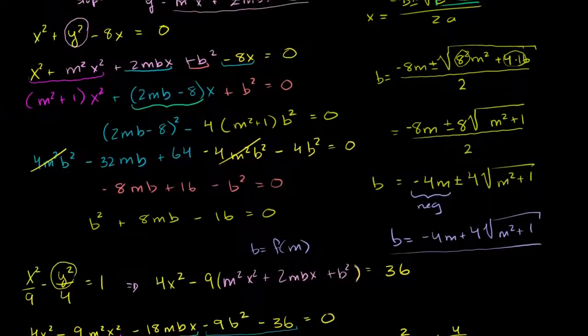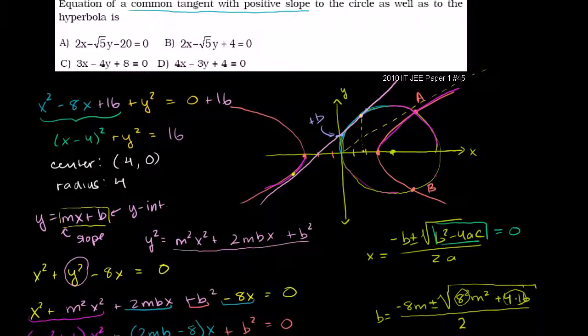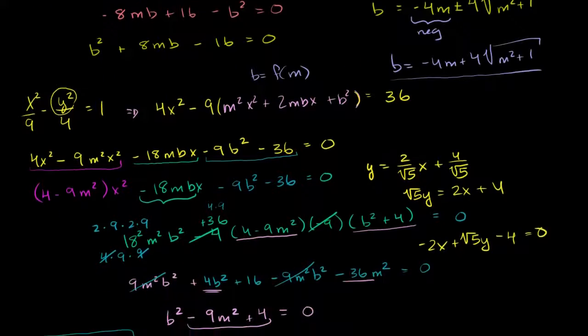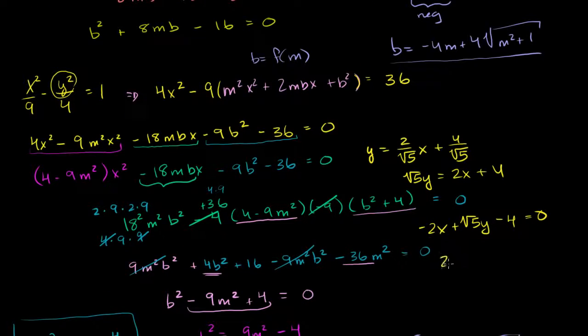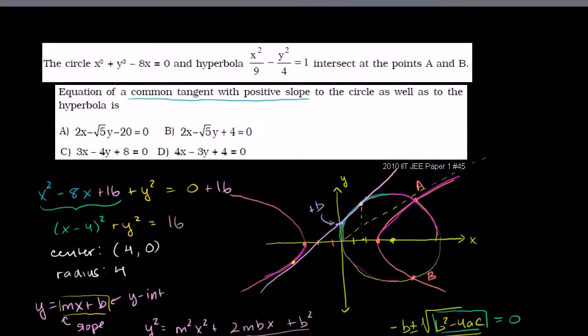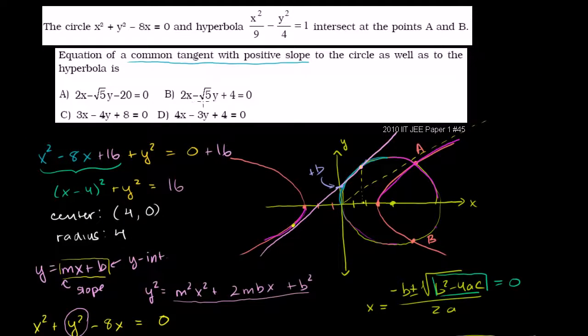So do they have that as one of the choices? It looks like they do if we just multiply everything times negative 1. We get 2x minus the square root of 5 y plus 4 is equal to 0. And we are done. This was probably the most painful problem I've done in my life. 2x minus the square root of 5 y plus 4. The answer is B.